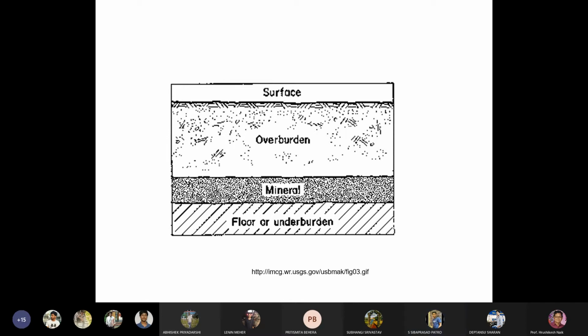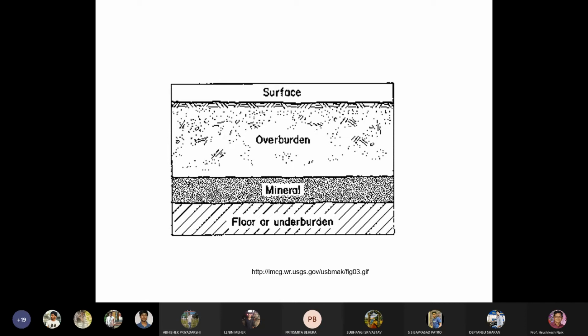This is your mineral or coal, and this mineral is overlain by the overburden material, rock material, soil material, and this is the configuration of the ore deposits, the mineral deposits, which is lying at a depth.